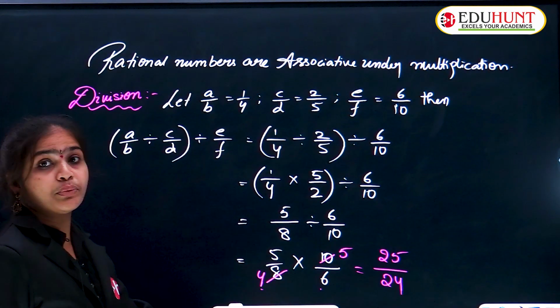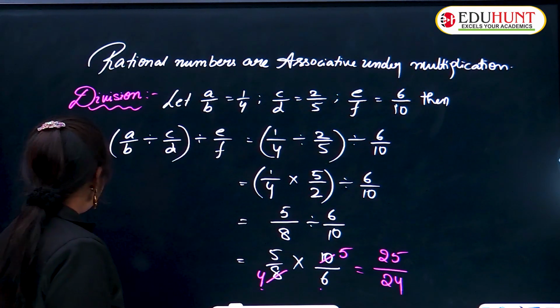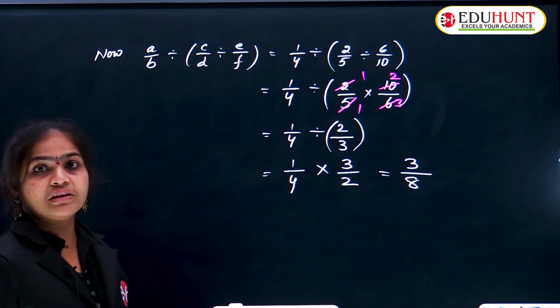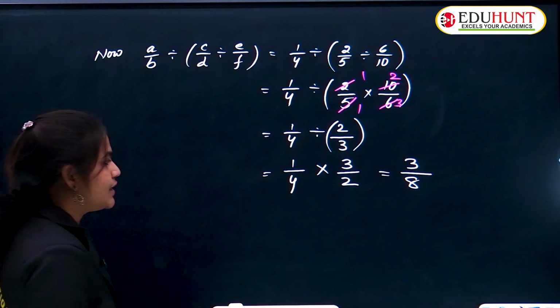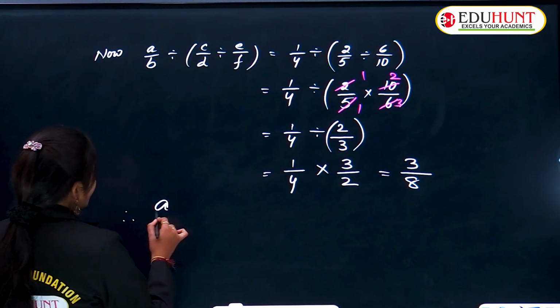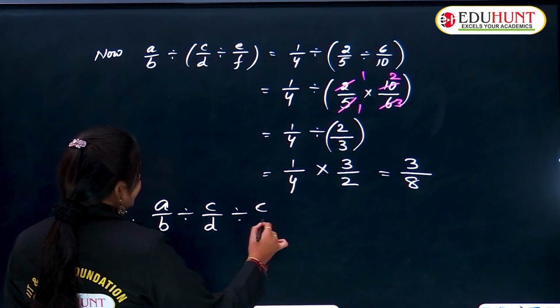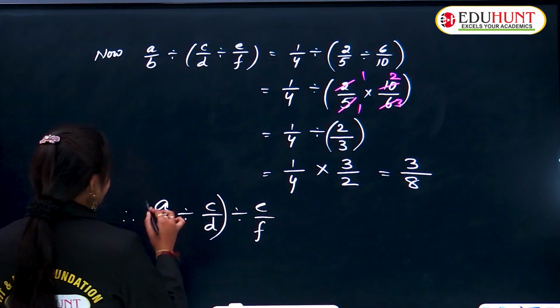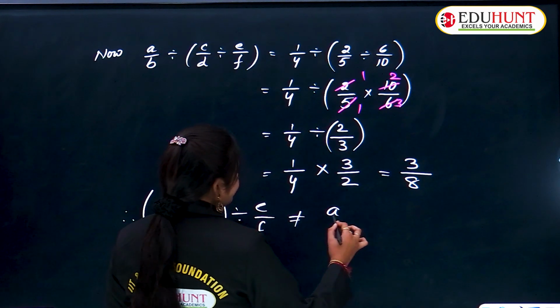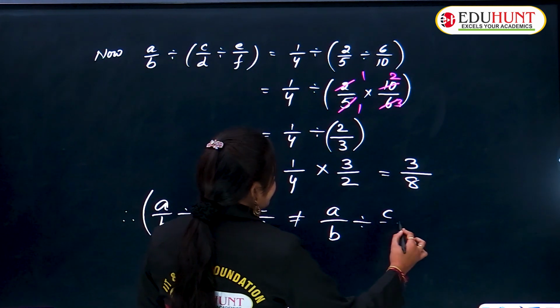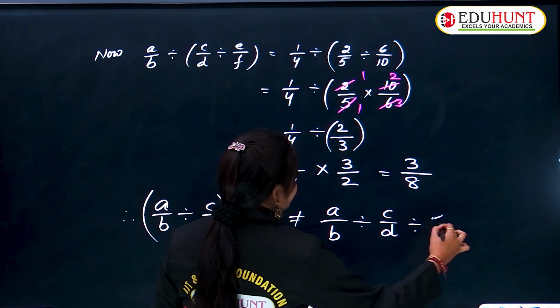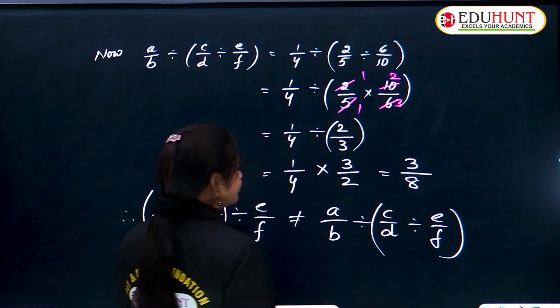Actually here we got 25 by 24 earlier. 25 by 24 is not equal to 3 by 8. Understood, ma? That's why what we can say here: (A by B divided by C by D) divided by E by F is not equal to A by B divided by (C by D divided by E by F).